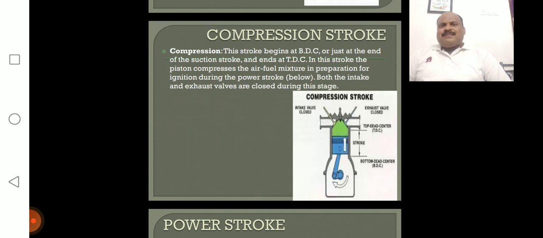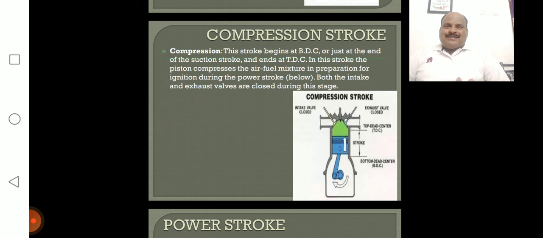The second stroke we learn is the compression stroke. The first point, the piston is moving from BDC to TDC, and the mixture that came into the cylinder in the intake stroke is being compressed. The piston is compressing that mixture. This is the second point.